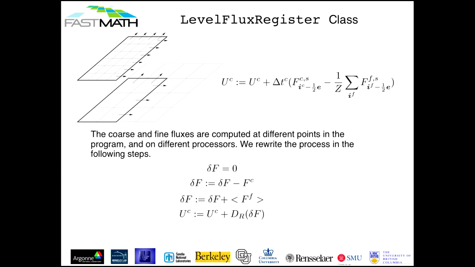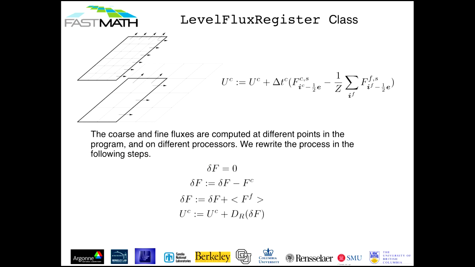The basic idea is that the flux on the coarse grid is not accurate enough to maintain global accuracy. So you update with the coarse flux, and then later you subtract the coarse flux and add the fine fluxes. The reflux function and the level flux register keep track of the bookkeeping for you.